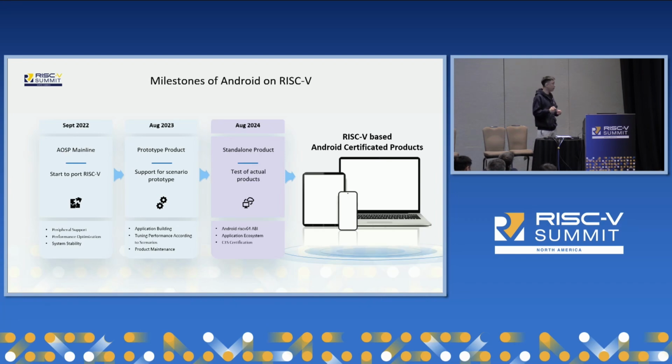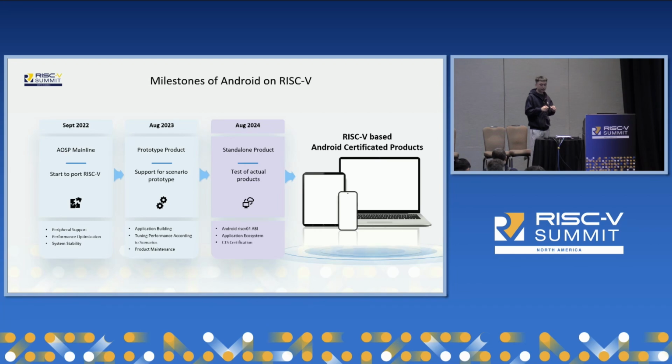We began our work in September 2022, started our AOSP mainline upstream, and started porting to RISC-V. Last August, we finished our prototype product on our development board. This year, we brought products to the market and finished our standalone product.